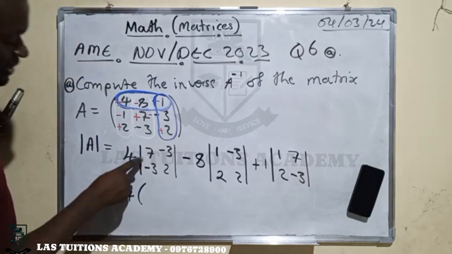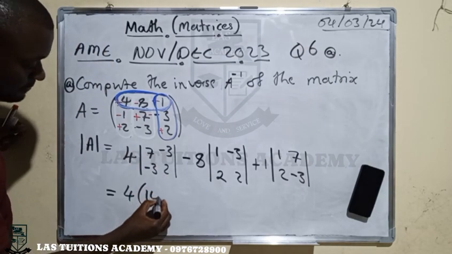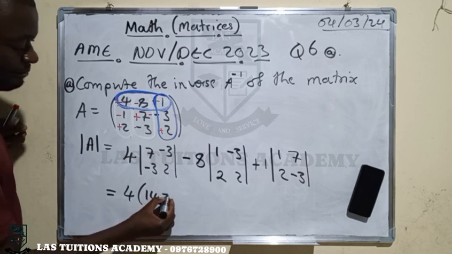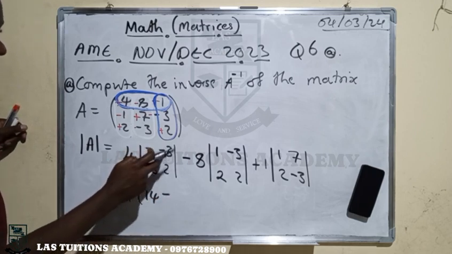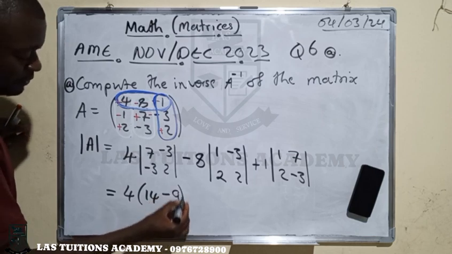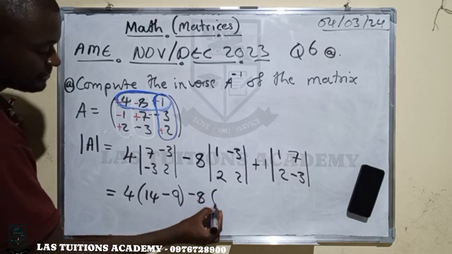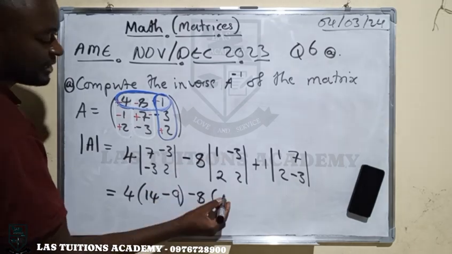So in the major diagonal, I have 7 times 2, which is 14, minus -3 times -3, we get +9. So 14 minus 9, then minus 8. Here 2 times 1, we get 2.